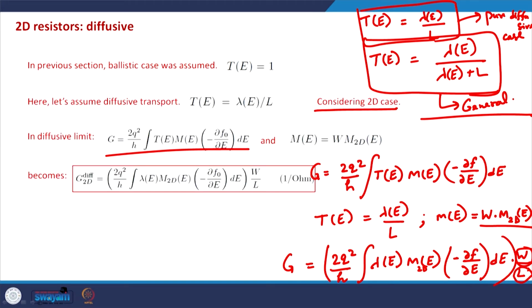Now, the conductance has become inversely proportional to the length. But as we have seen earlier, in the ballistic case, the conductance or the resistance is independent of the length. So, we cannot use our conventional theory of electron transport in the ballistic case, or even in the diffusive case, or in intermediate cases when we have some scattering but the conductor is also not extremely long.